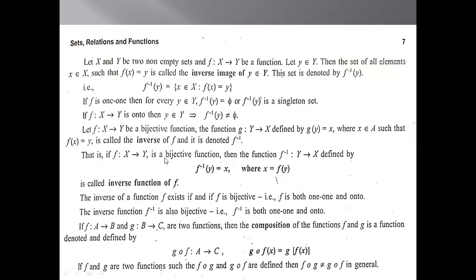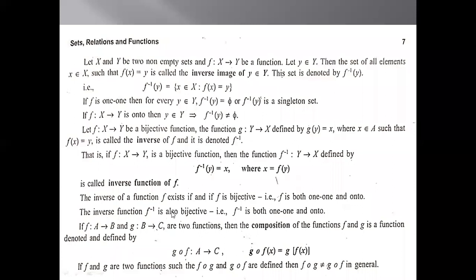That is, if f from X to Y is bijective, then its inverse exists. This means only bijective functions have inverses.